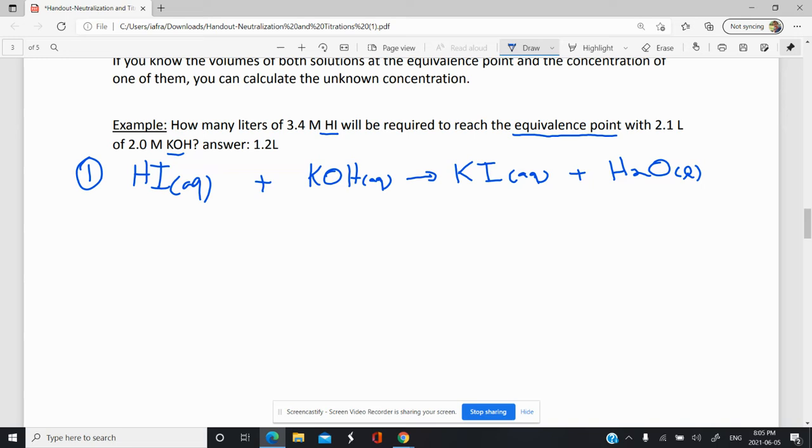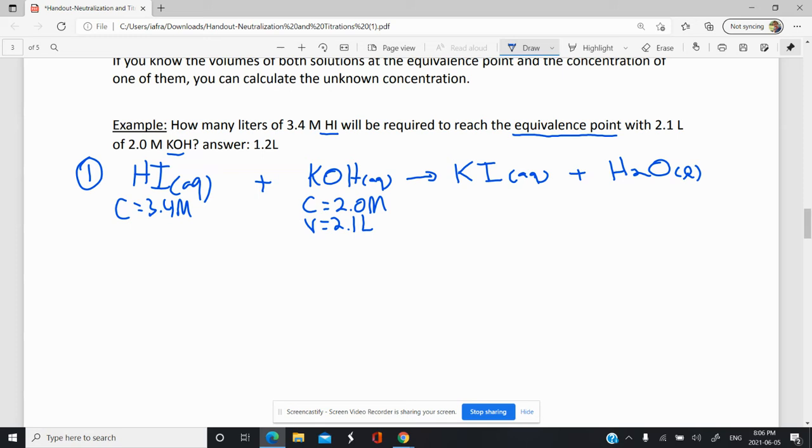So we have a concentration of 3.4 molar here. Here we have a concentration of 2.0 molar. And we have a volume of 2.1 liters. Now, this is not exactly a titration right now. I mean, we already know the concentrations.